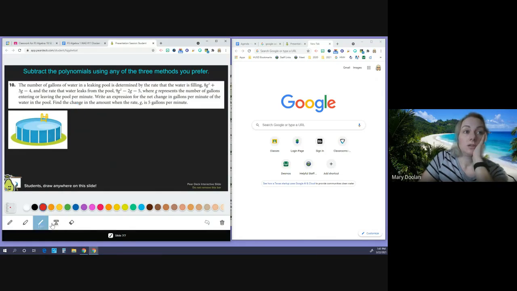And you can underline your two expressions. So this is one we need here, 8g squared plus 3g minus 4. The other one we need is 9g squared minus 2g minus 5. So first we're going to subtract those guys.